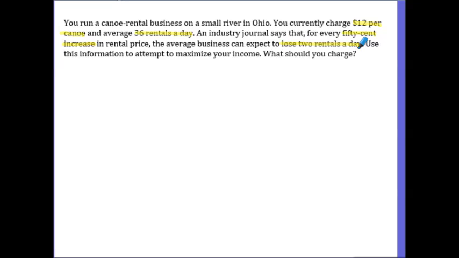And you're supposed to use this information to attempt to maximize your income. How much should you charge? So basically we're saying we need to find the perfect price which will give us the right number of rentals a day and still give us the highest income.